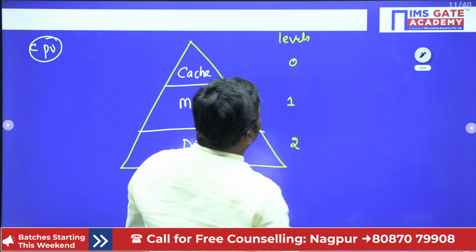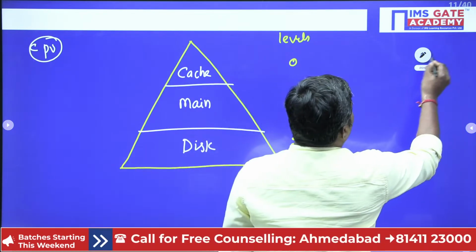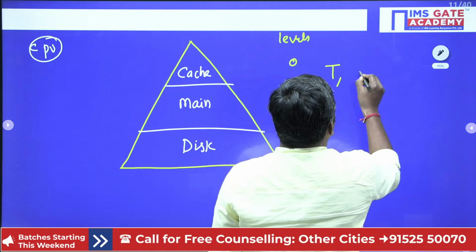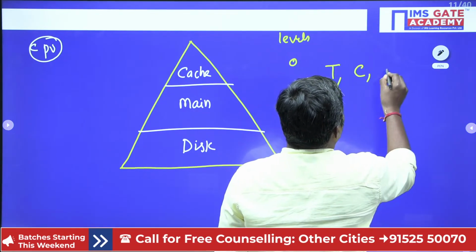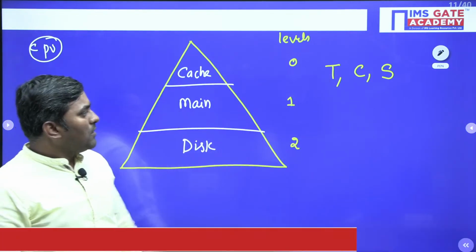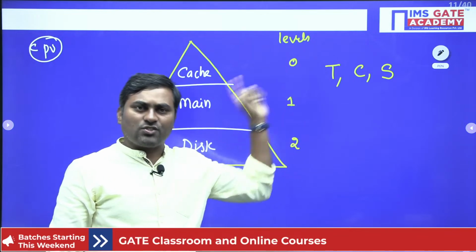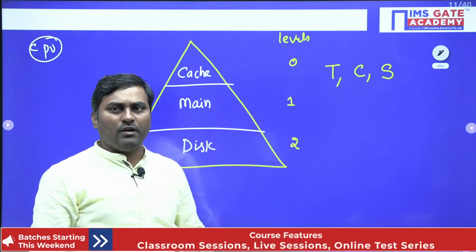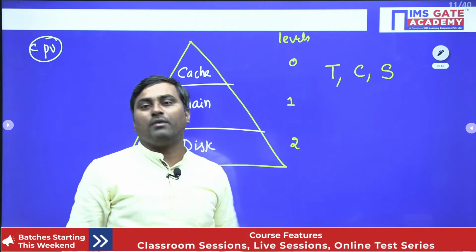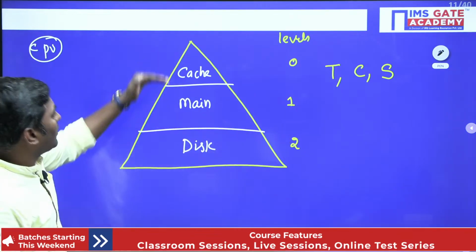Characteristic means what we can observe: the access time, the cost of the memory component, and the size of the memory component. T is the access time of a particular memory level, along with the cost and size of that level, where a level means level 0, level 1, or level 2.